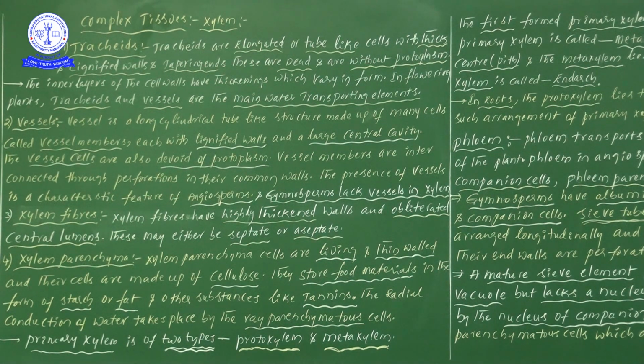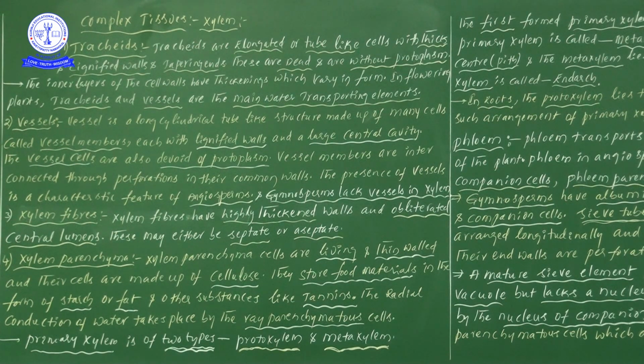Why? Because with more thickness, the central lumen size decreases, and empty space becomes very small. That we take as obliterated central lumen. Next one, they may be either septate or aseptate.